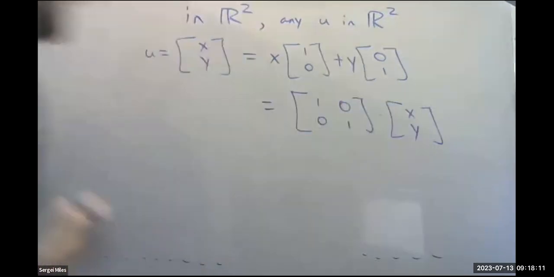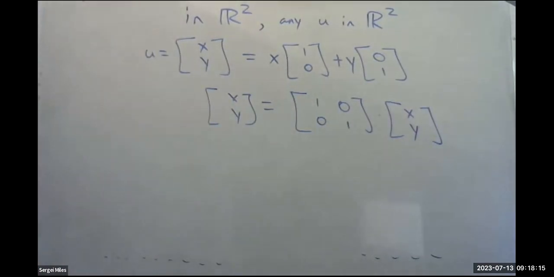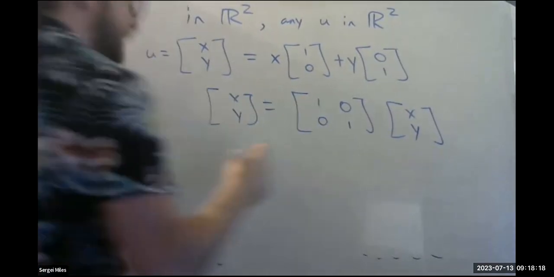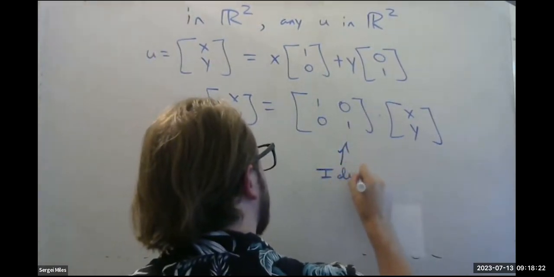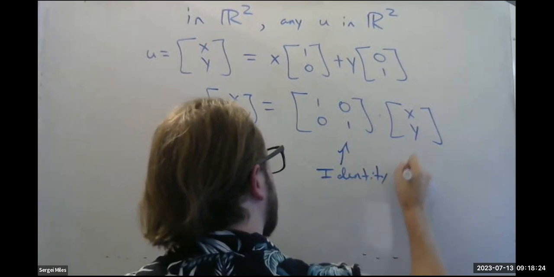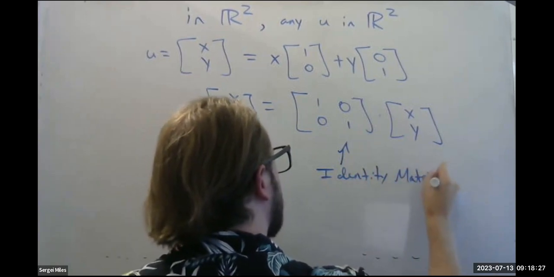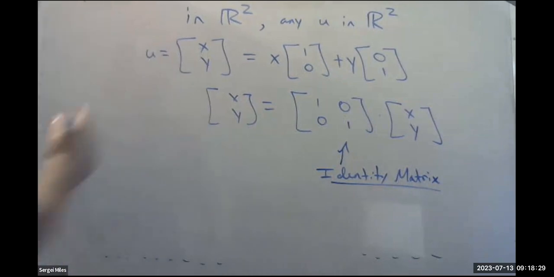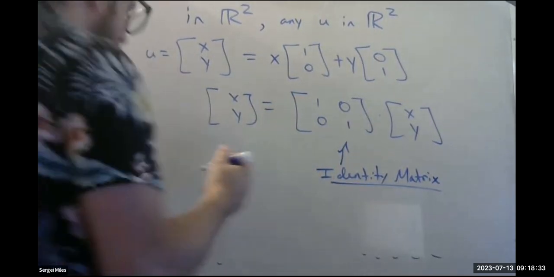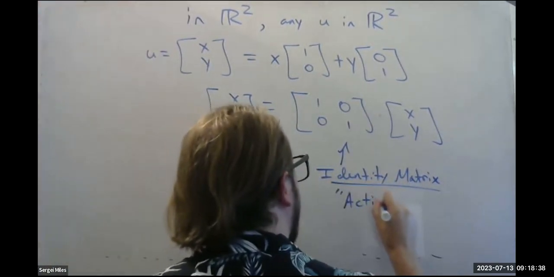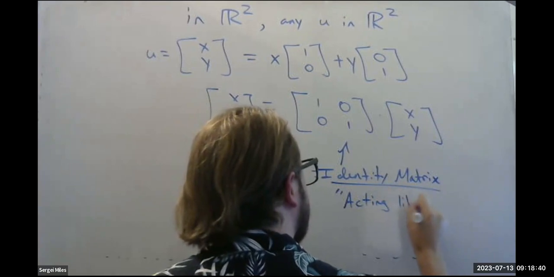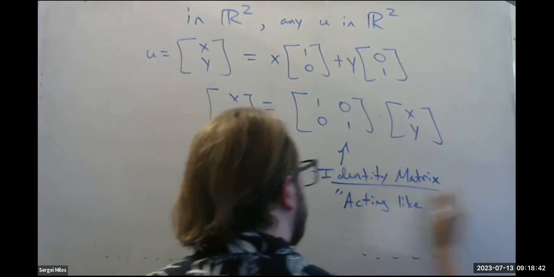What's going on here is that I take this matrix and multiply it times any vector, and I get that same vector back, right? In other words, this is called an identity matrix. What is an identity matrix? Basically, for matrices, this is acting like the number 1. So I'm going to put in quotations, acting like the number 1.